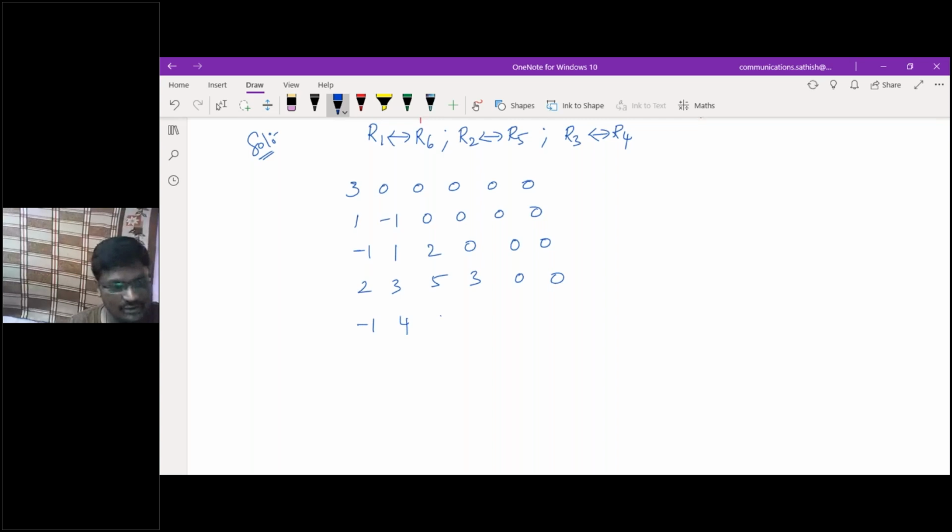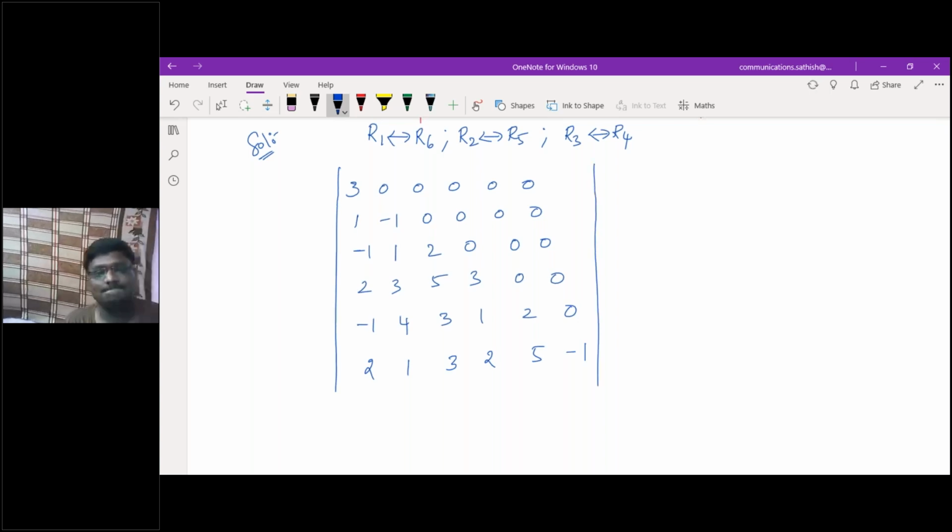Next minus 1 4 3 1 2 0. Next 2 1 3 2 5 minus 1. Am I correct? If I interchange all those, I'll get this form, yes or no? Yes, sir.